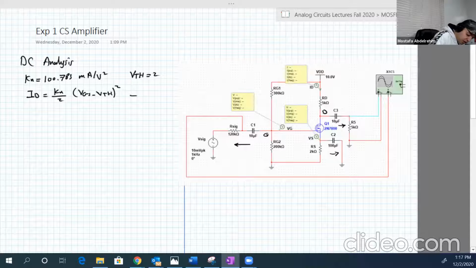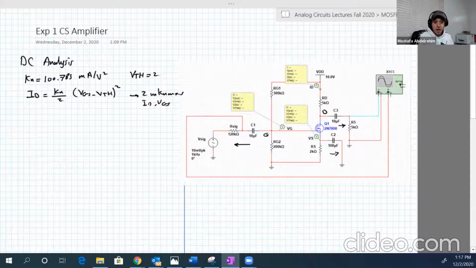So we have here 2 unknowns, which are ID and VGS. So we need another equation that relates both together. This equation will come from this loop here. You have the voltage across the resistance, ID RS, you have VGS here, and you have VG.